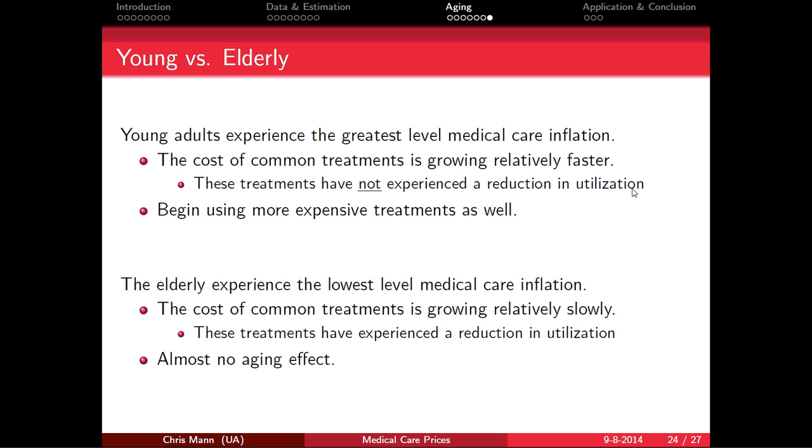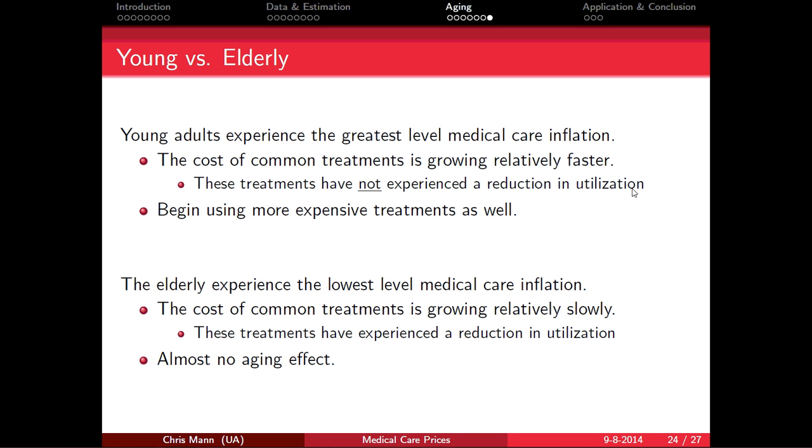So, what does that mean when we compare, say, young adults to elderly? Well, young adults are really experiencing the greatest level of medical care inflation within the economy. And that's for two reasons. One, the cost of those common treatments used by young adults is growing relatively faster than the cost of treatments for elderly individuals, right? And that's mostly because these treatments are not experiencing as much of a reduction in utilization as those for elderly individuals.